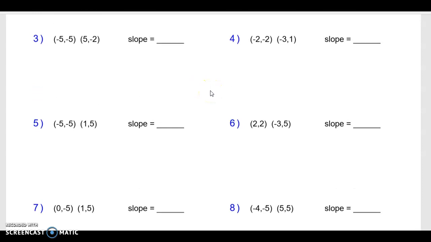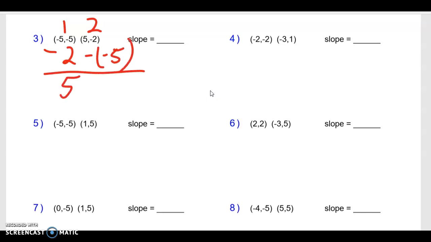So we have negative 5, 5 and 5, negative 2. Again, we have our two points. So we're going to start with a negative 2 minus a negative 5, divided by 5 minus a negative 5.